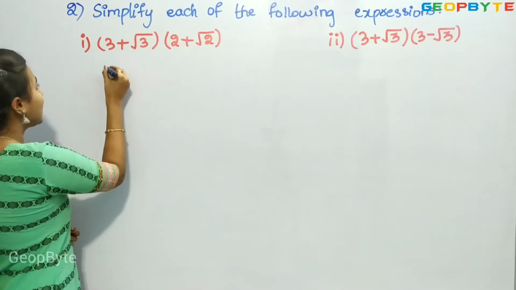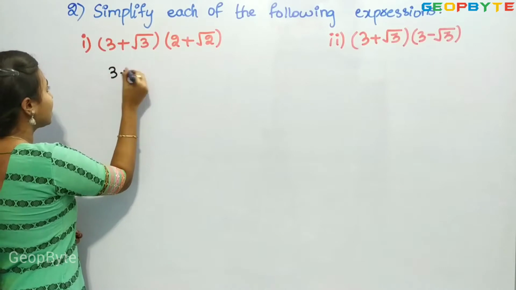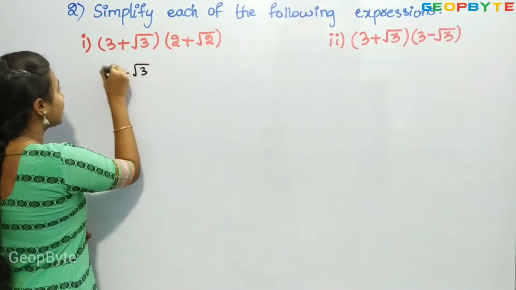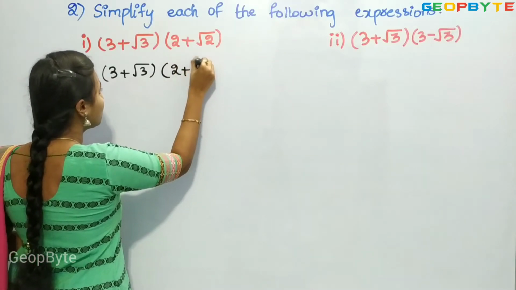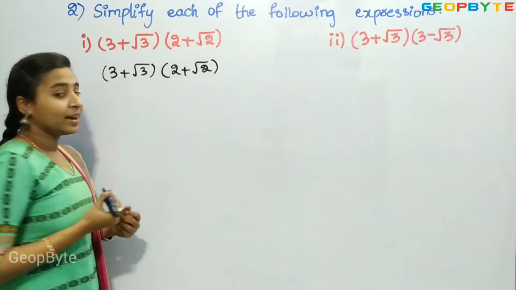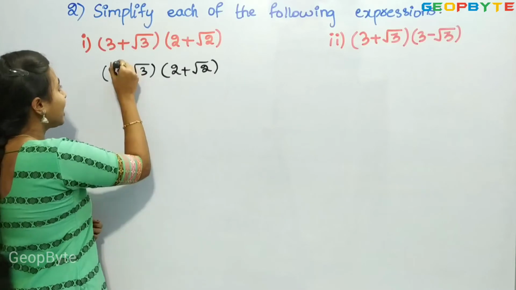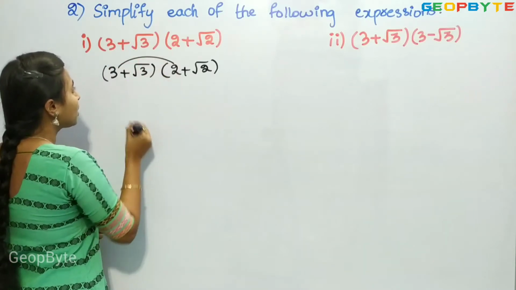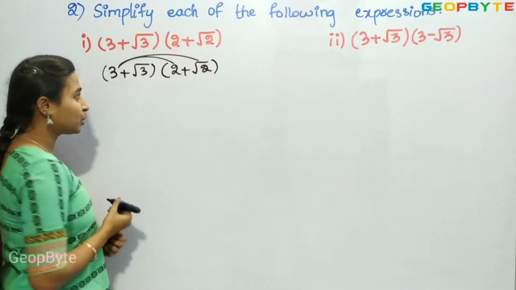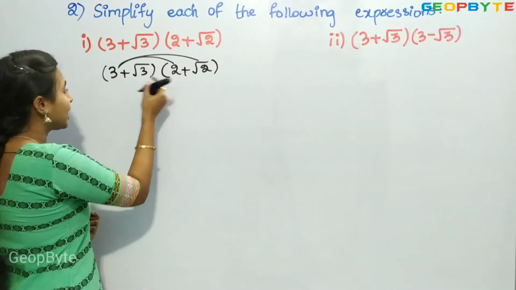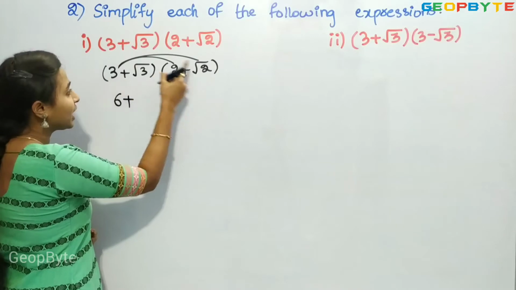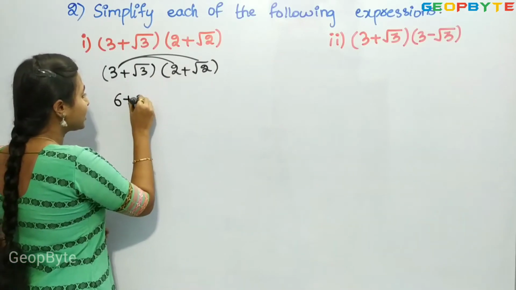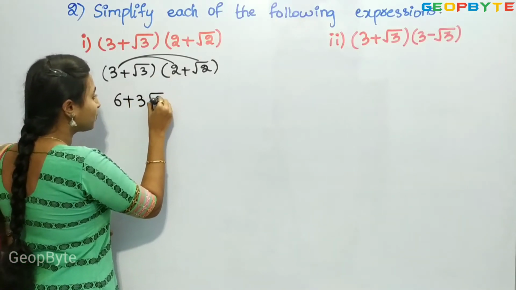Now, first let us write the given question: (3 plus root 3) into (2 plus root 2). Now, we need to multiply 3 and 2, and 3 and root 2 first. So, 3 2s are 6, plus 3 into root 2 is 3 root 2.